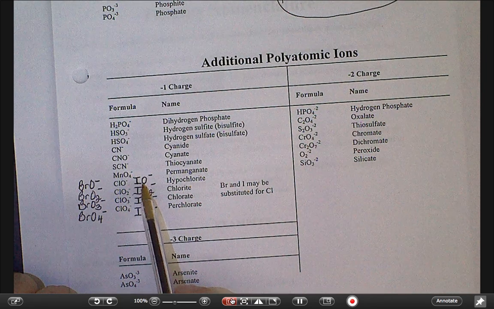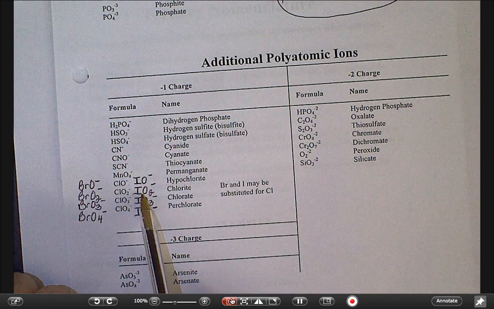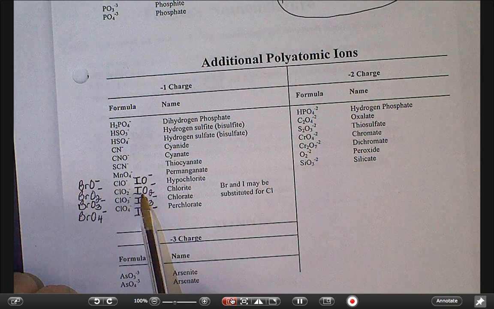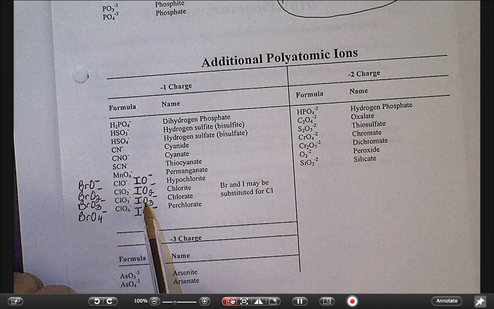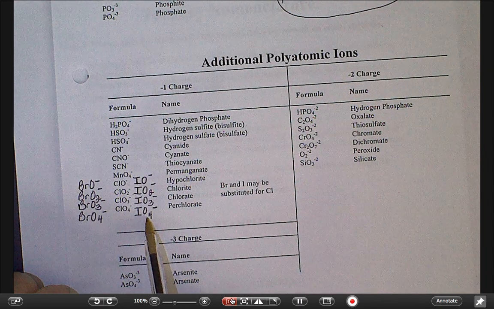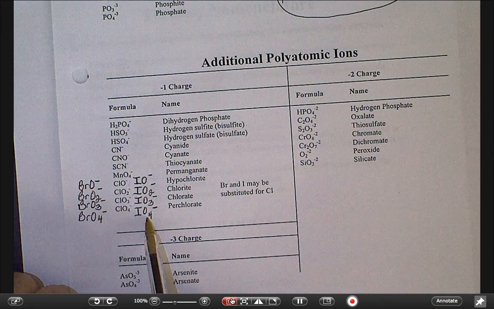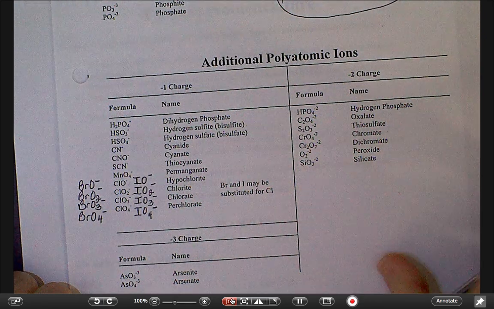This one is hypoiodite. Okay, this one is iodite. This one is iodate. And this one is periodate. Okay? Questions? All right.